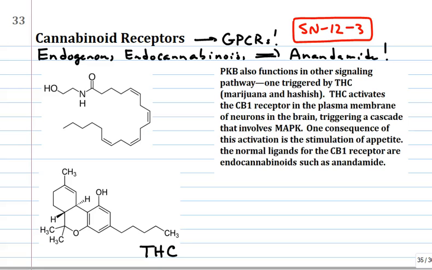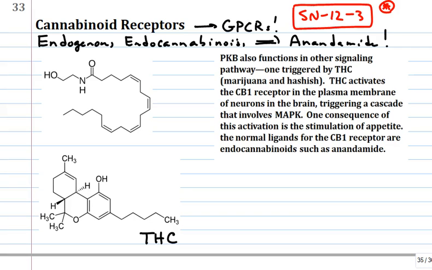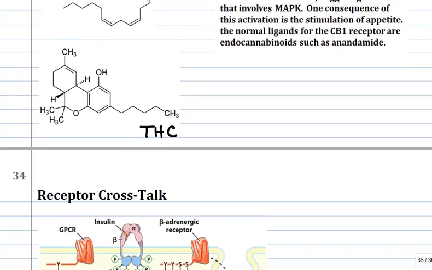And then, of course, if you smoke marijuana or take marijuana in some form that provides THC, THC can bind to that same receptor and provide similar responses. Really, all I'm going to want you to know about page 33 is what's in supplementary notes, chapter 12, number 3, about anandamide.